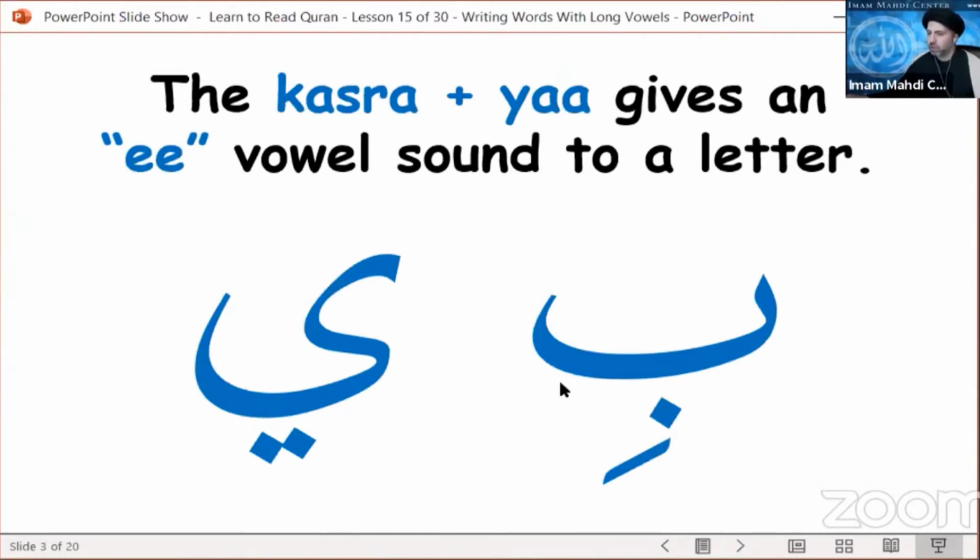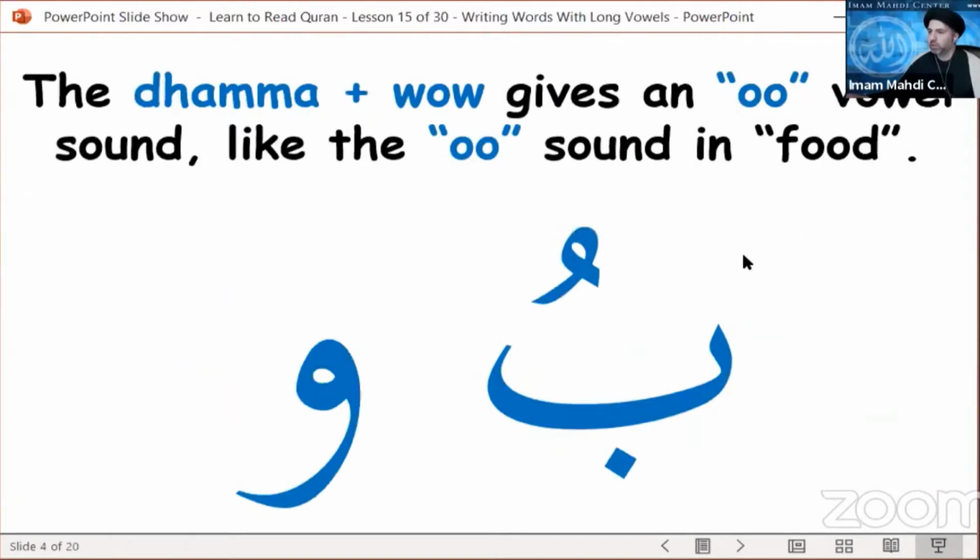So in this case, the ba will be pronounced with a long vowel, so it'll be pronounced as bee. And third, we had the long vowel produced by the combination of dhamma and waw. So a letter like this ba that has a dhamma followed by a waw will get the oo long vowel sound. So this will be pronounced as boo.